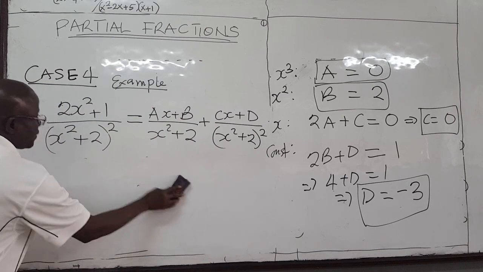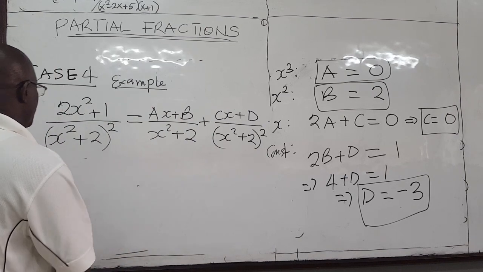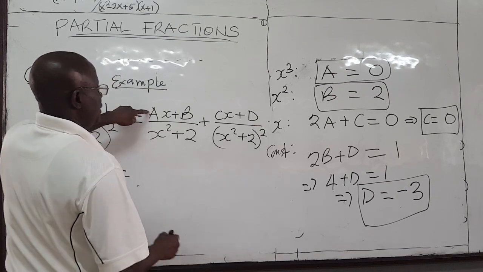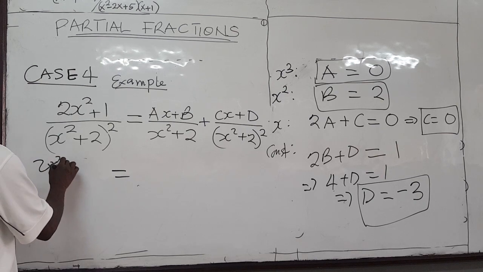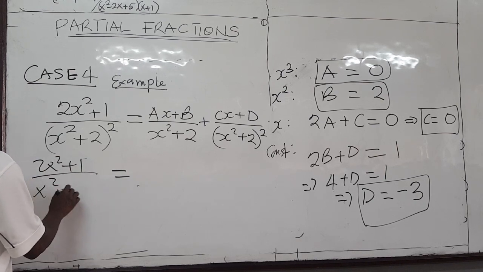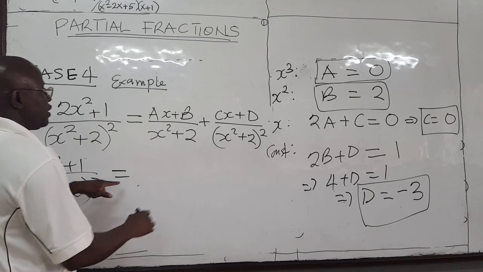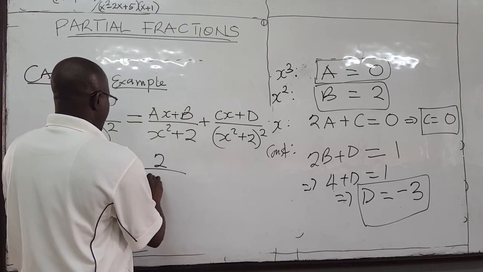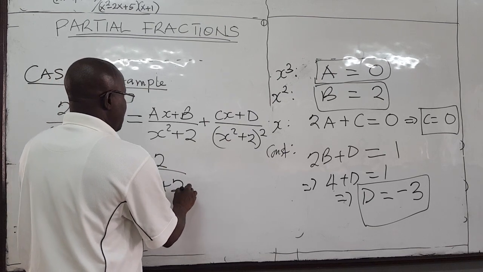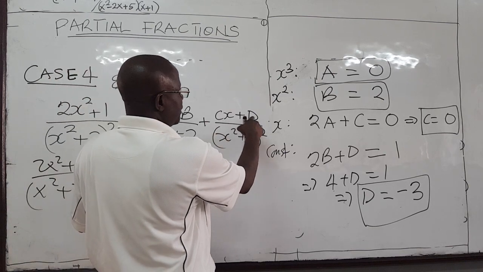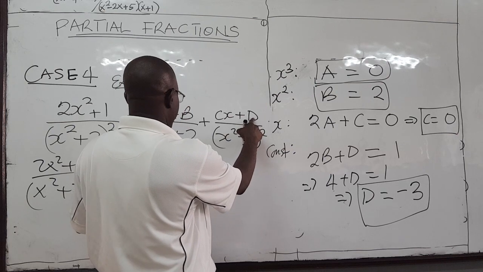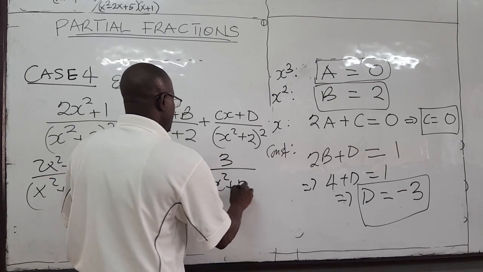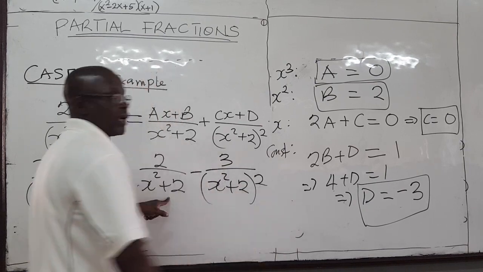So let me get rid of this. This fraction, x squared plus 1 over x squared plus 2, all squared, will be, a is 0, b is 2, so it's 2 over x squared plus 2. c is 0, d is negative 3, so I have minus 3 all over x squared plus 2, all of this squared.